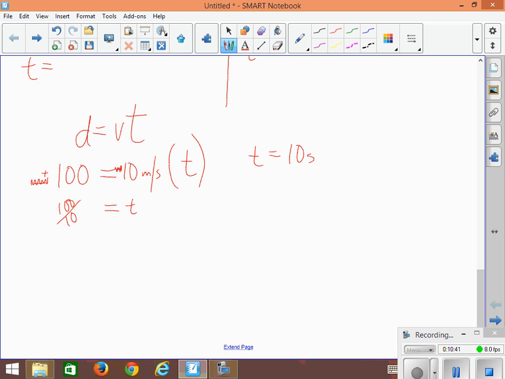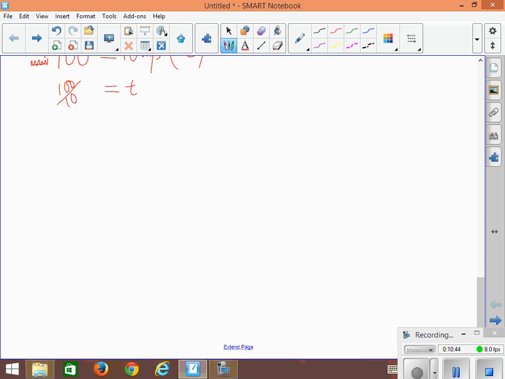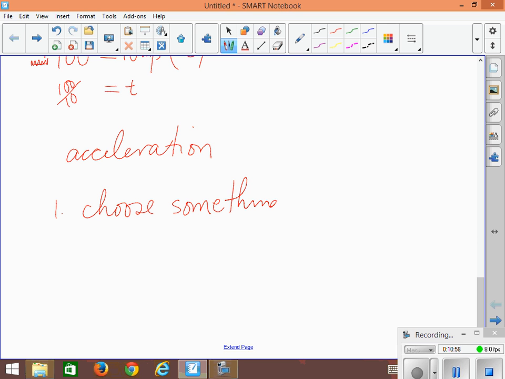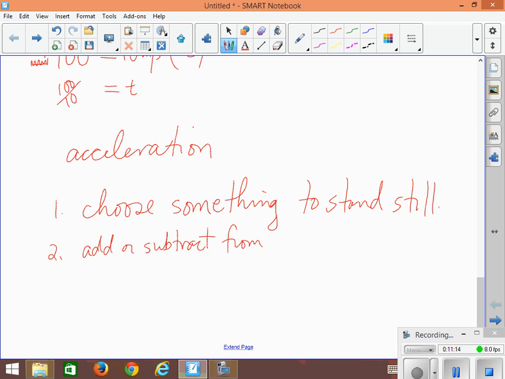One more thing, you can also do this if there is an acceleration involved. Basically, what you do is you choose someone to stand still. Someone or something, doesn't matter. Have a 0. And then, number 2, you add or subtract from their velocity as needed.